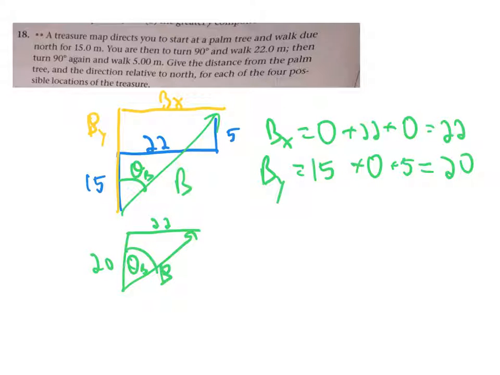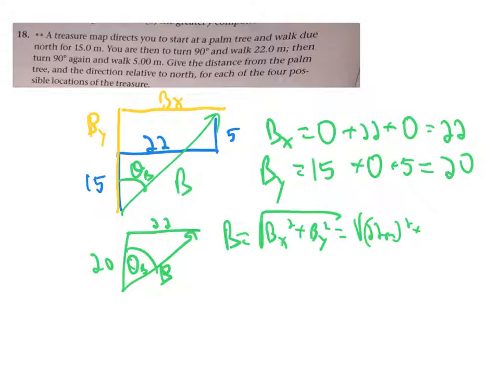So B is still going to be B_X squared plus B_Y squared square rooted, which is 22 meters quantity squared plus 20 meters quantity squared square rooted, which is 29.7 meters.